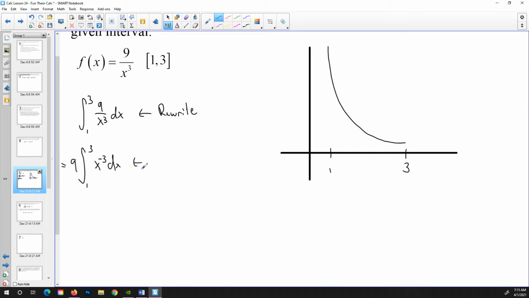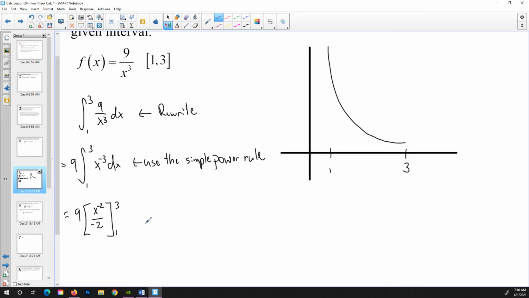And here I'm going to use the simple power rule, and so I'll have 9 and it'll be x to the negative 2 over negative 2. And we're going to evaluate that from 1 to 3.